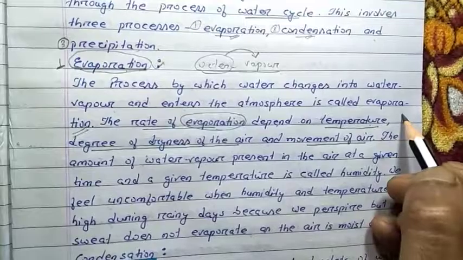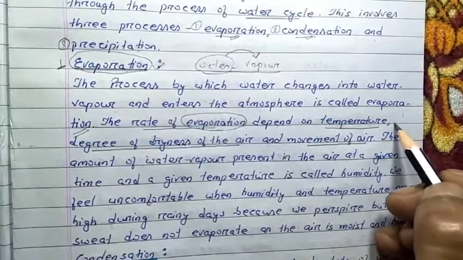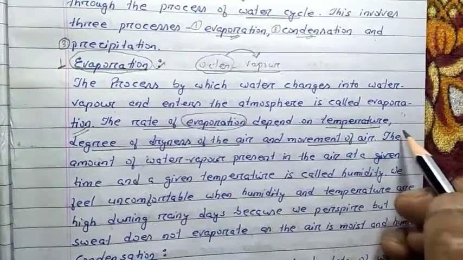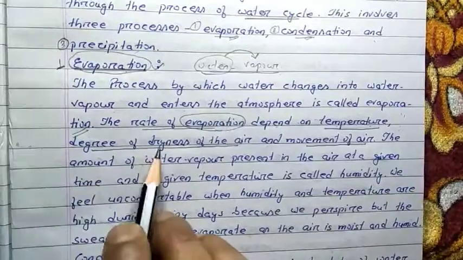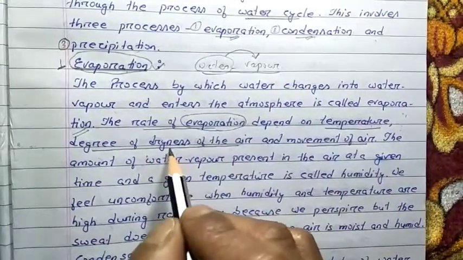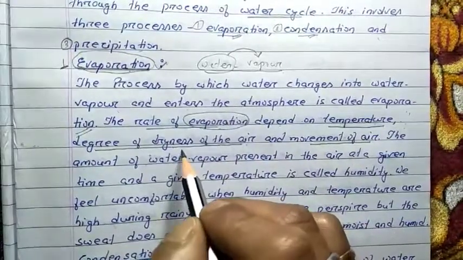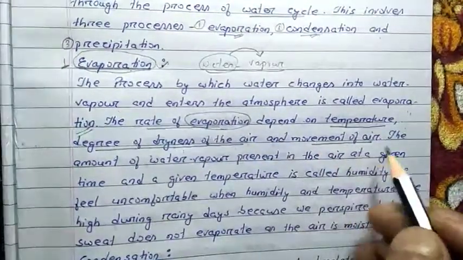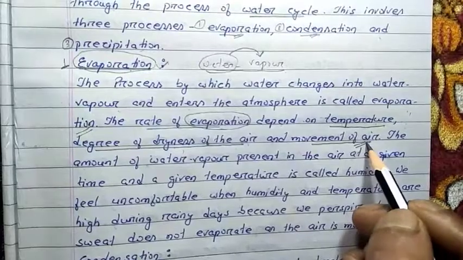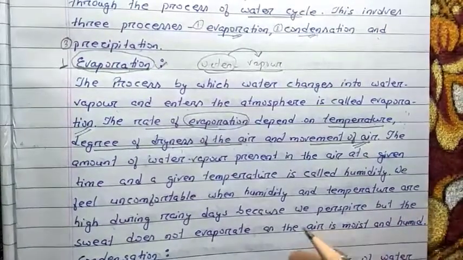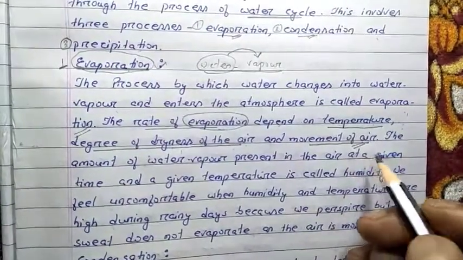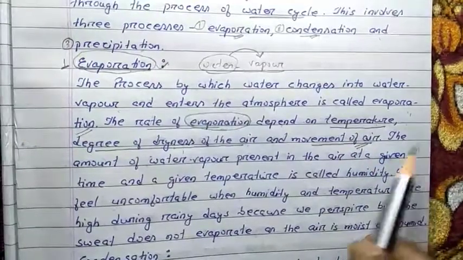If temperature is more, evaporation will be more. If temperature is less, evaporation will be less. If the air is dry, evaporation will be more. If the air is moist, evaporation will be less. If the movement of air is fast, evaporation will be faster. If the movement of air is slow, evaporation will be slower.